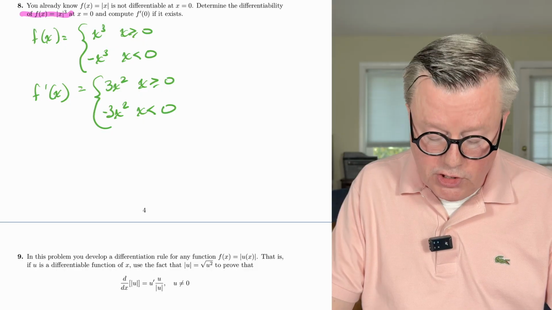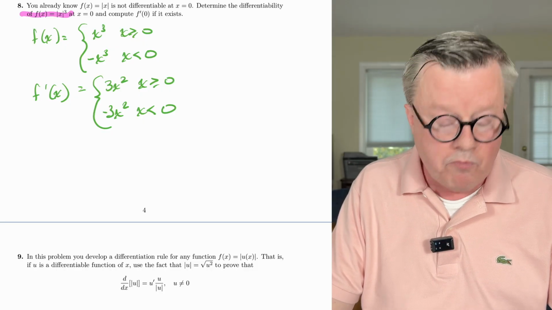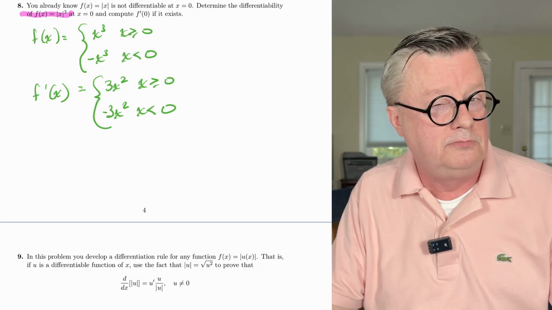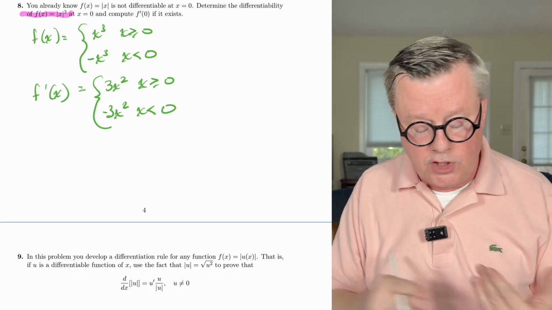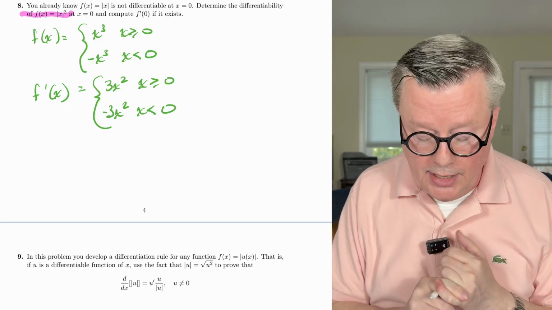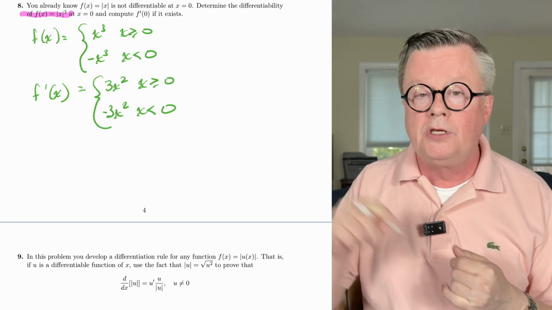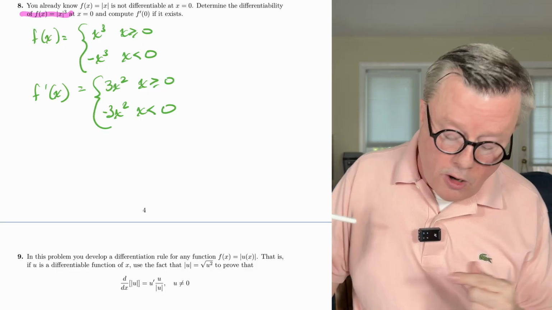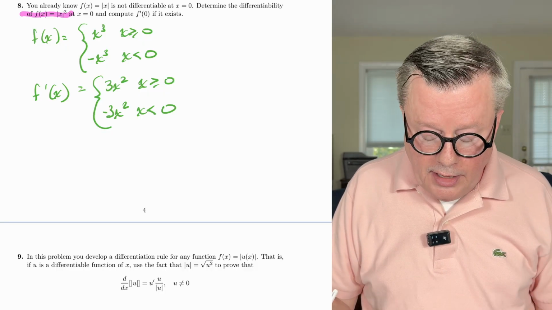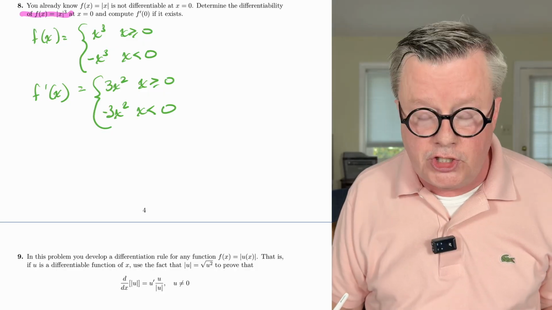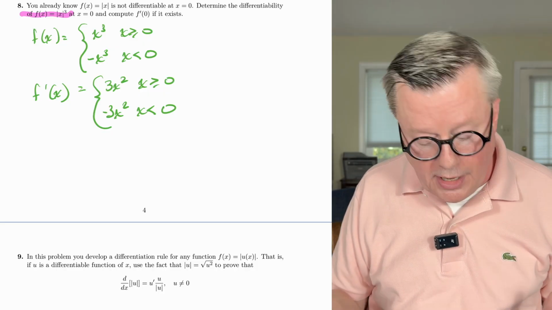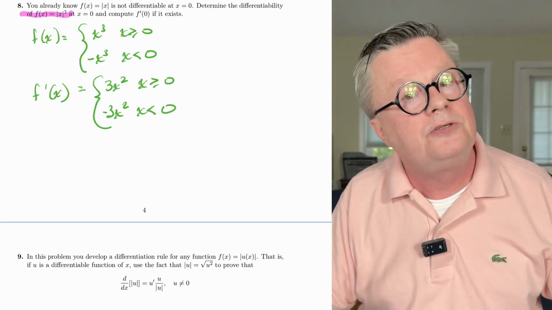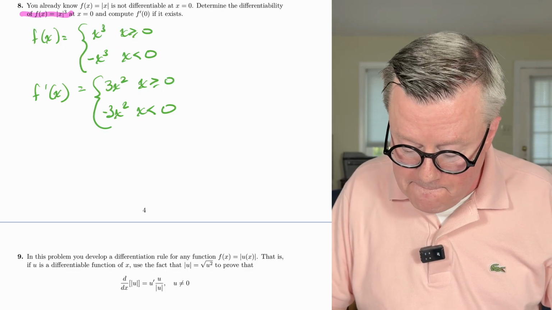Is it differentiable at x equals 0? Once again, I need to check my conditions. I need to check that the limit exists at x equals 0, and it does. The limit from the left and the limit from the right are both 0. I need to calculate the value of the function at 0. Well, f of 0 is also 0, so it's continuous at that point.